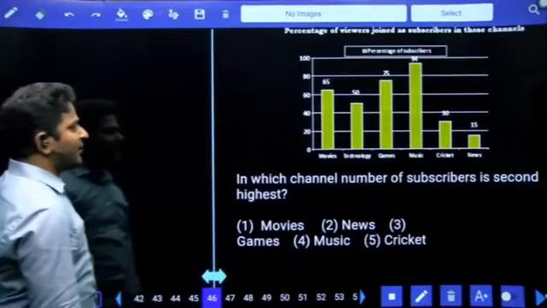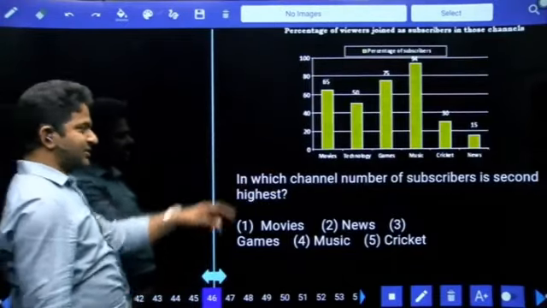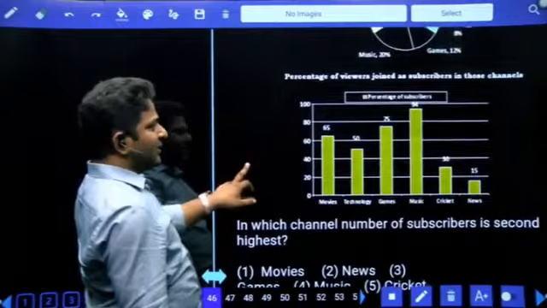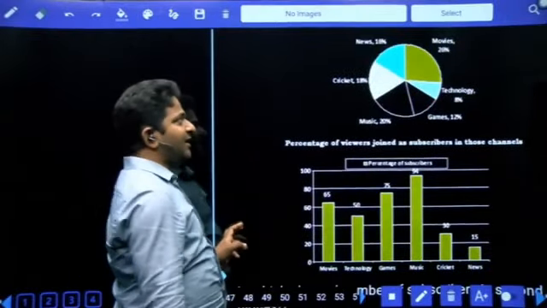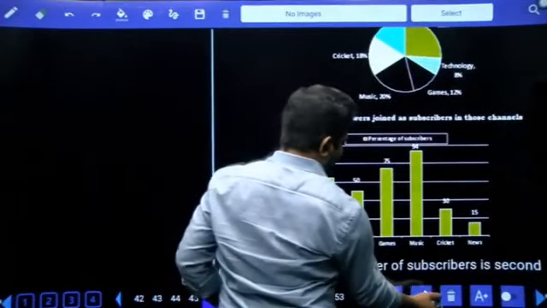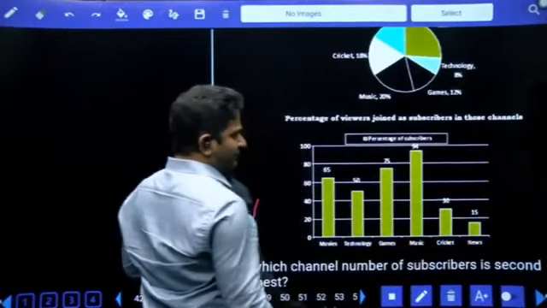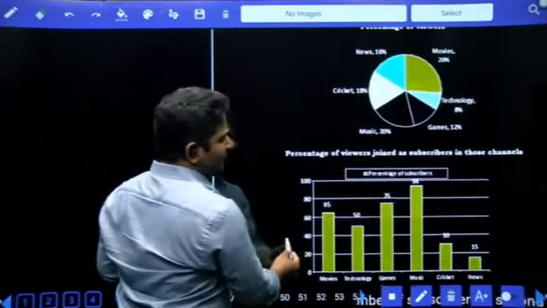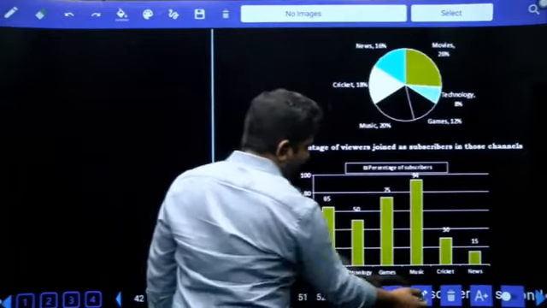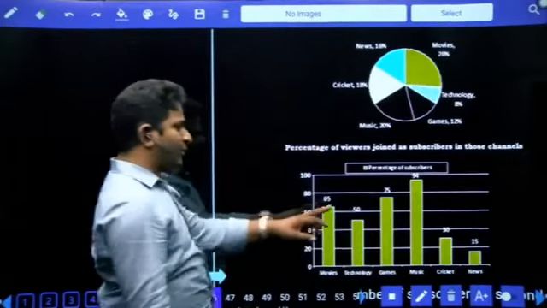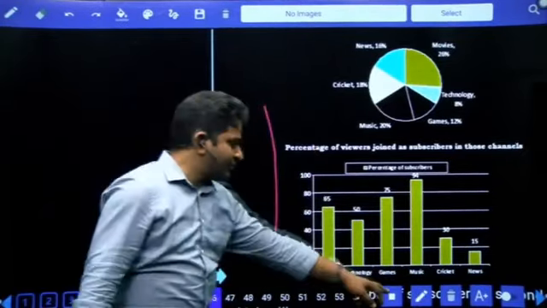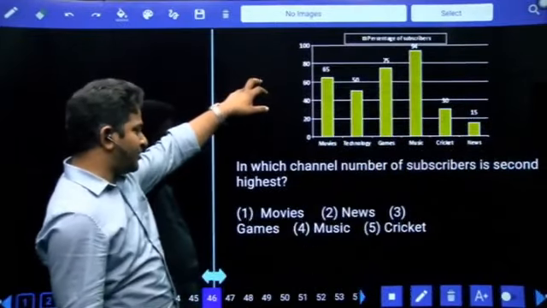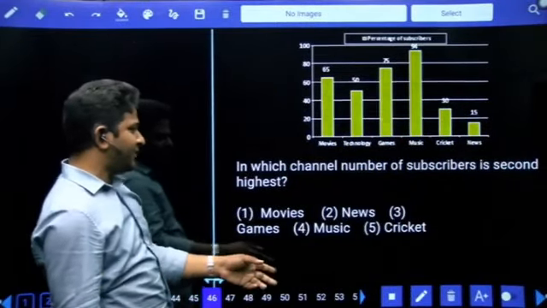In which channel is number of subscribers second highest? Second highest. Right. As you are asked to calculate second highest, whatever least percentages we have, you can forget about them, which won't work at all. And of course, out of 6 channels, you'll have only information regarding 5 channels, which is left.